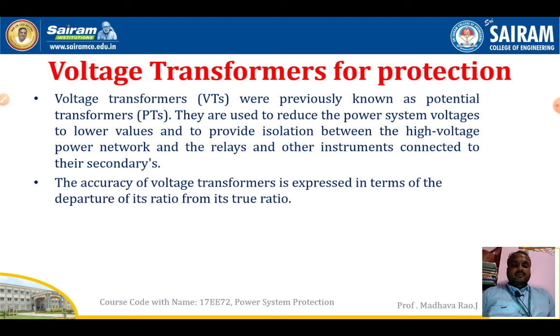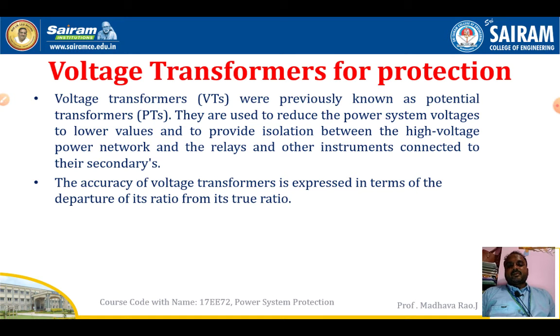What is the use of voltage transformer in the power system? Voltage transformer is used to measure the high voltages. A voltmeter is used to measure low voltages. Suppose any extra high voltage comes, more than rated voltage, the relay coils and instruments will excite and isolate the faulty part.